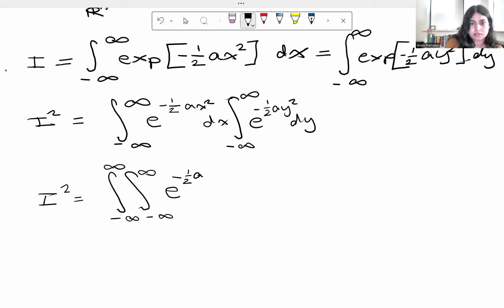Since it's a product of exponentials, we can sum up these exponents and we'll end up with this.